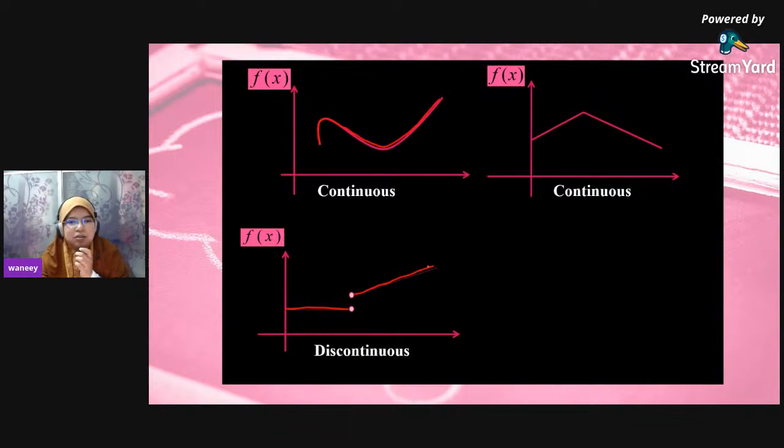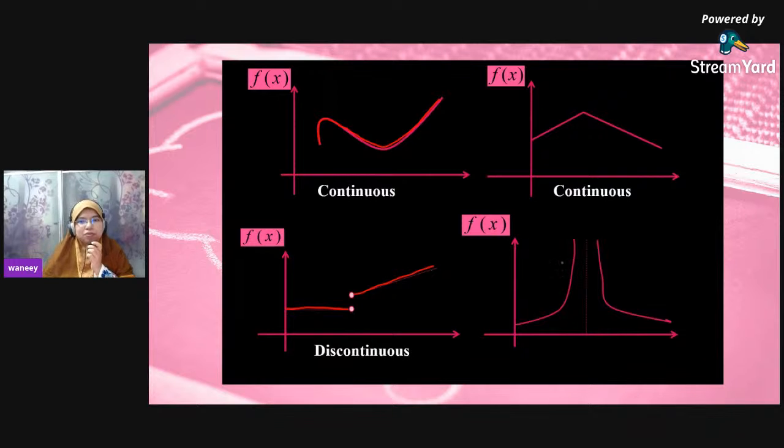So this is discontinuous, or not continuous. Another one, if you draw the left hand side, then we must lift our hand before we can draw the right hand side. So for this one, we are going to call it discontinuous as well. If we cannot draw it directly, then it is not continuous.